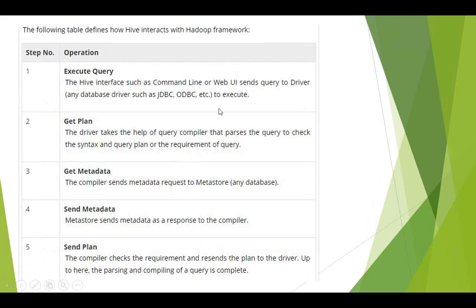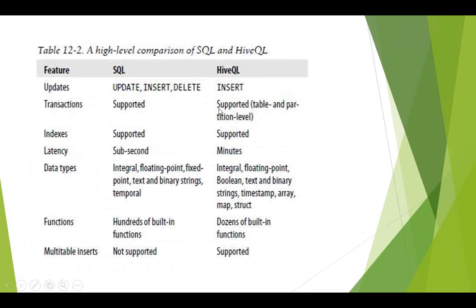Then we have a comparison between SQL and HiveQL. What are the differences and what are the similarities? For that we have to compare both of them. The first feature on which we compare SQL and Hive is update.